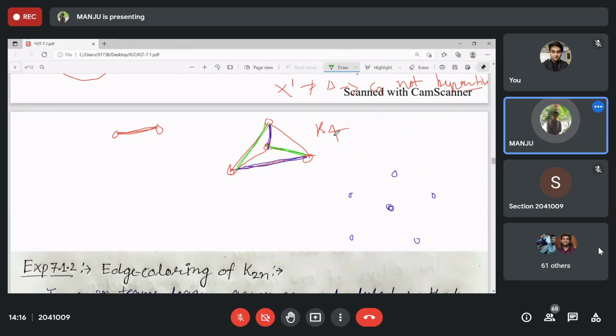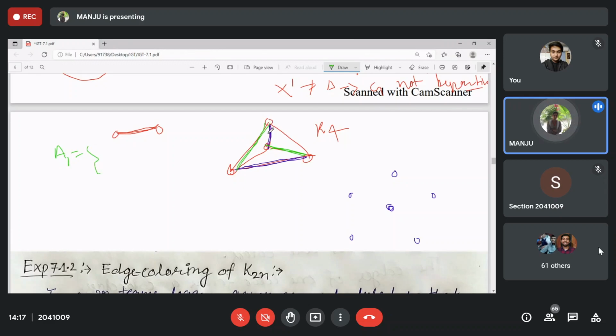In K4, one way is this one. Another way will be, see, the first color class, that is the blue color class. I'm just calling it color class number 1, A1.